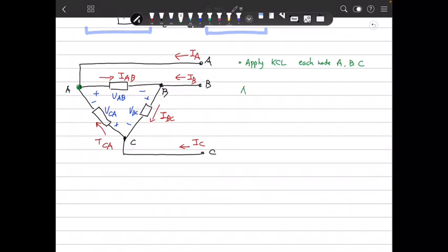When you apply it at A, there are three currents. I_CA is going into this node, IA is going out from this. I_AB is the phase current, and IA is the line current.